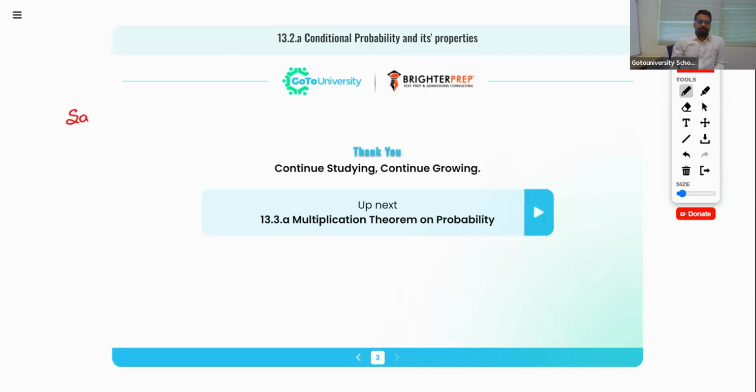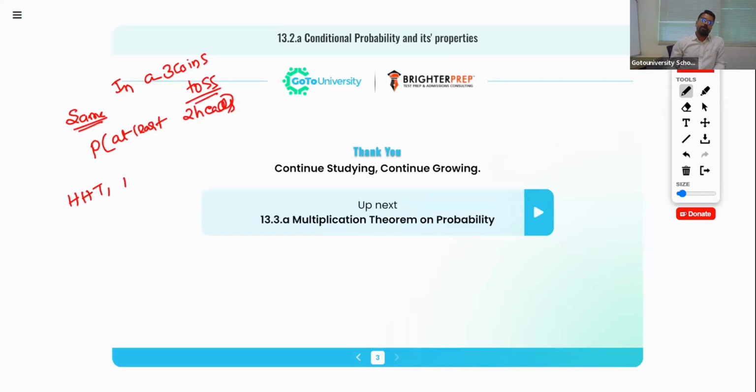Let's take a sample space of having at least two heads in a three toss. In a three coins toss, I need to have at least two heads. So at least two heads means we'll have head, head, tail, and then tail, head, head, and then head, tail, head, and then all heads.